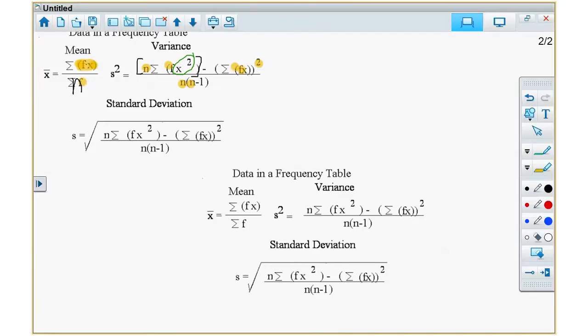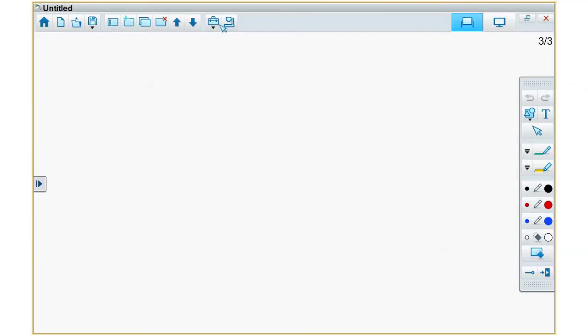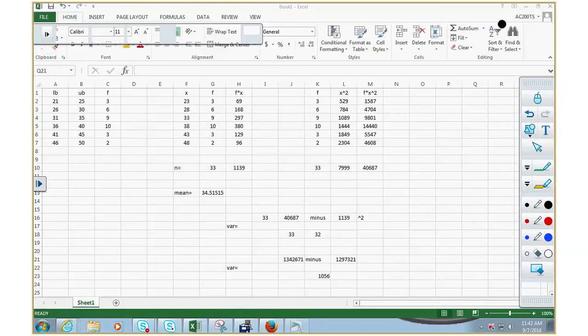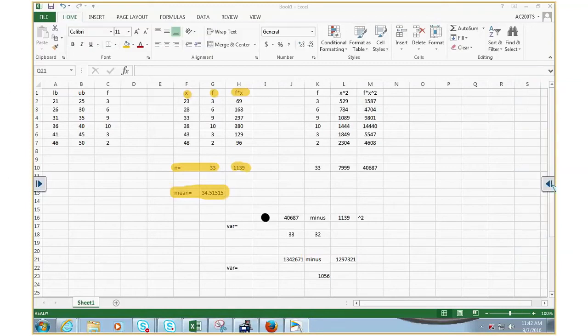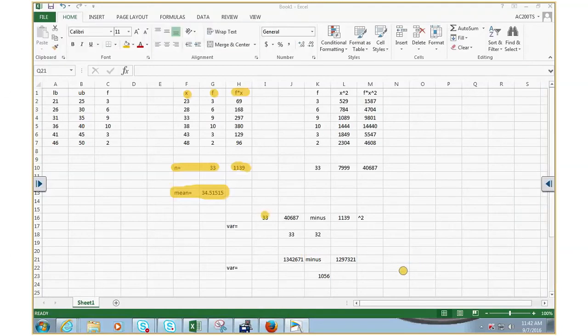Now, of course, some of y'all are going to go, well, I don't know where to plug it in. Well, that's why I go over this. And here it is, right here. 33, oops, that's not right. 33 is what? N times, what's this number?